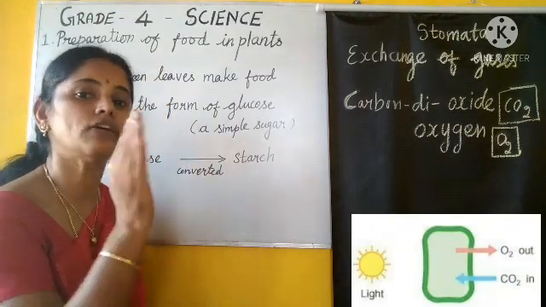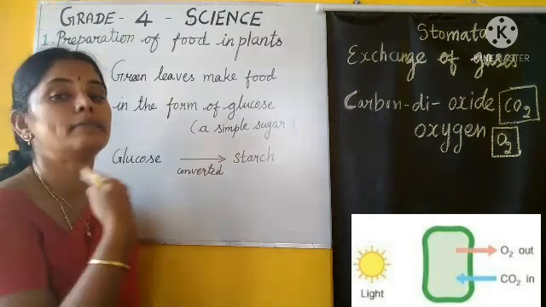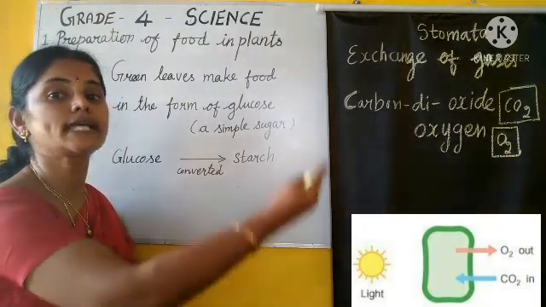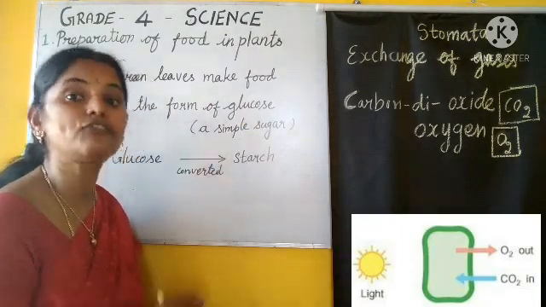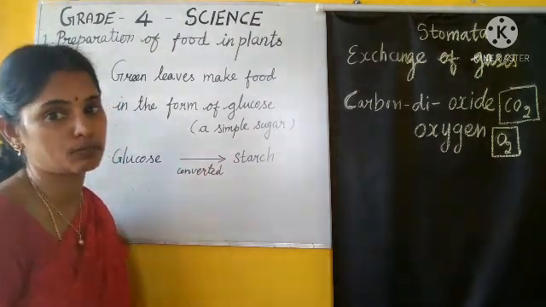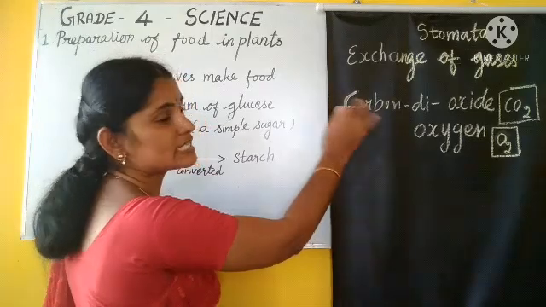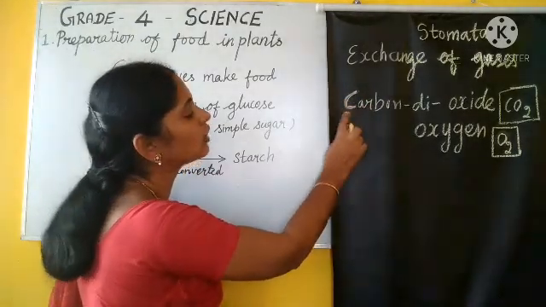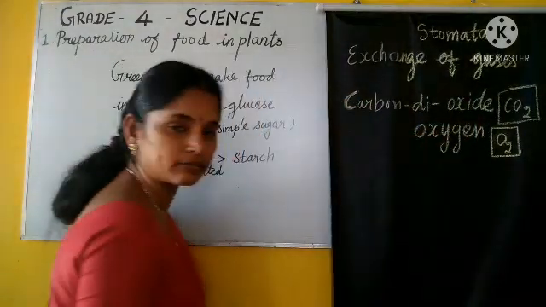Clear, children? For the photosynthesis process, plants take in carbon dioxide for the preparation of food. Which gas is needed for this? Carbon dioxide.